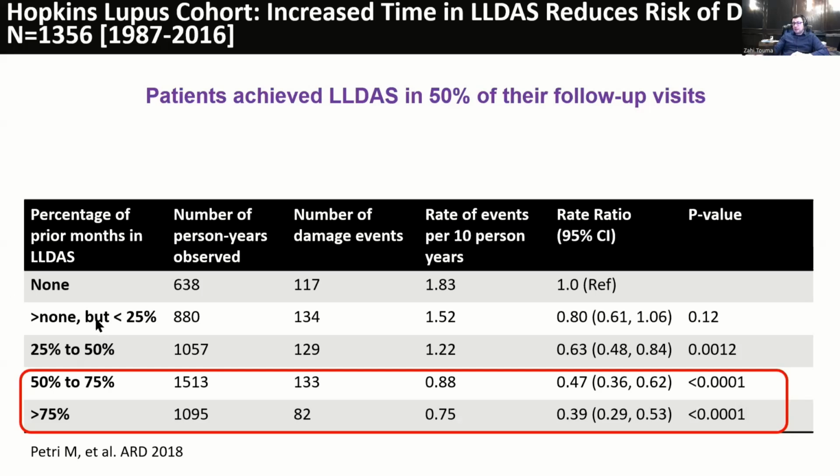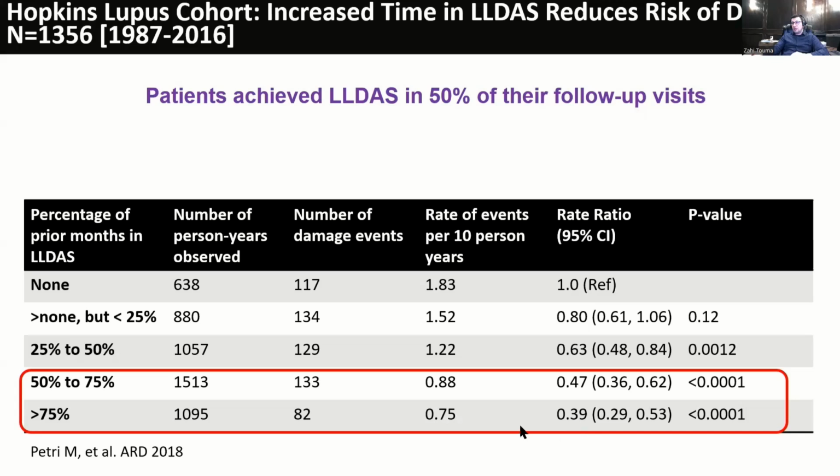And what you're seeing in this busy table is the amount of time spent in the state of LLDAS. So there is no doubt, which is highlighted here in red, patients who stayed more time, 50% to 70% of the time, or even greater than 70%, they do have less damage accrual over time.